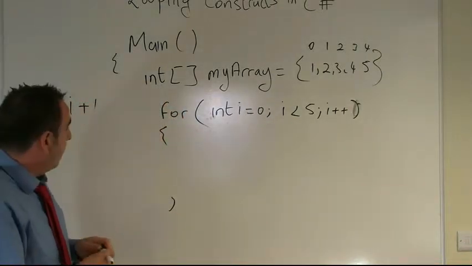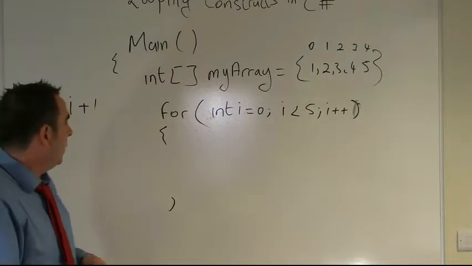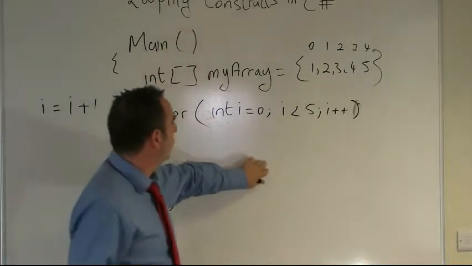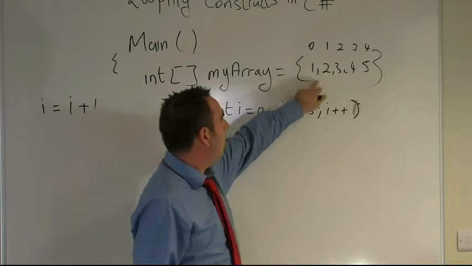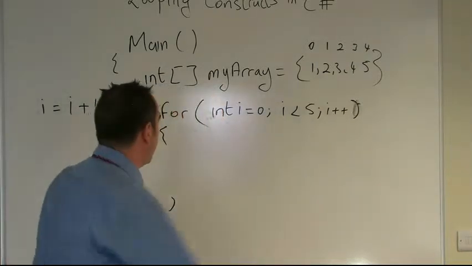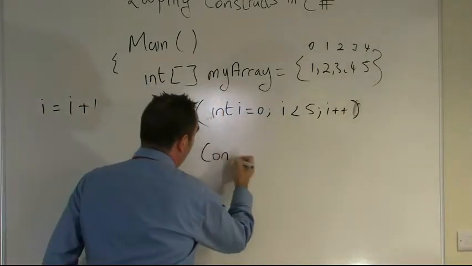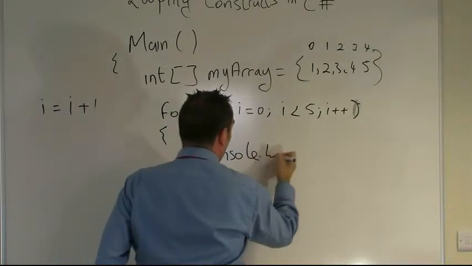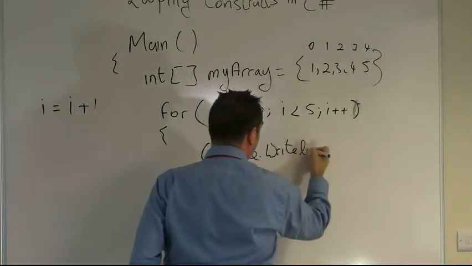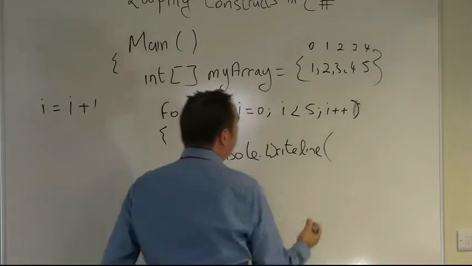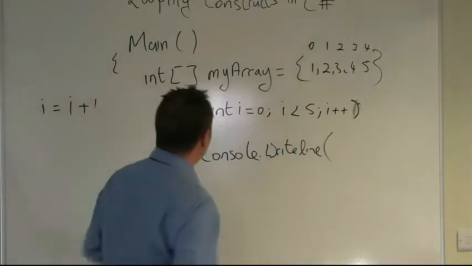So the last thing that we need to do is to actually put a bit of code in here that's going to print to the console the elements of our array. So Console.WriteLine, and inside here we want to access each index of our array.